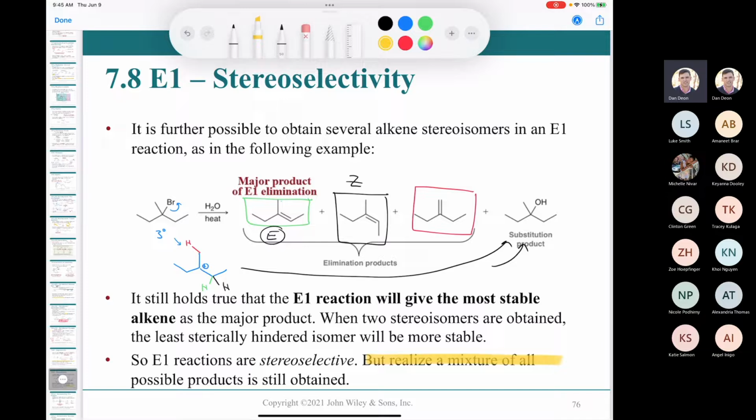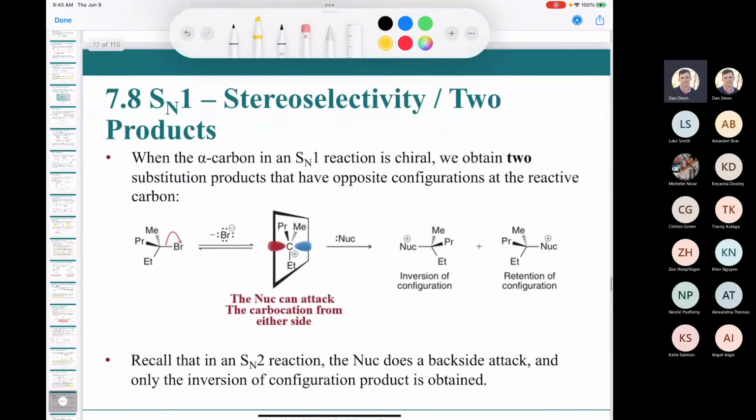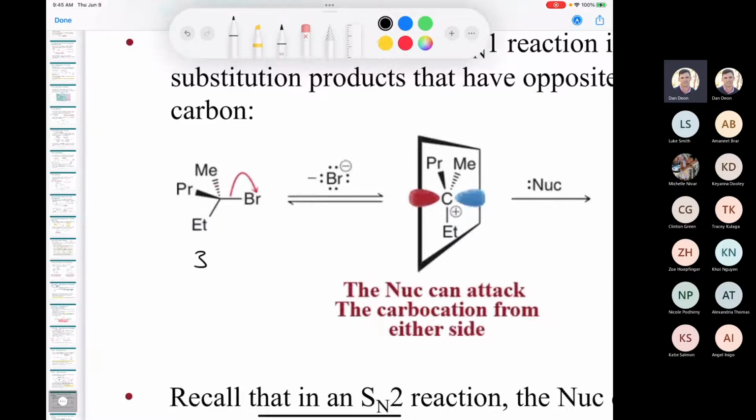Now, before we get into some practice, I have one more thing I want to share with you. I think it's not that bad. If you understood stereocenters, well, let's say you have a tertiary alkyl halide, like this here. This is a tertiary alkyl halide. And let's say you do your loss of leaving group. This is what's happening here.